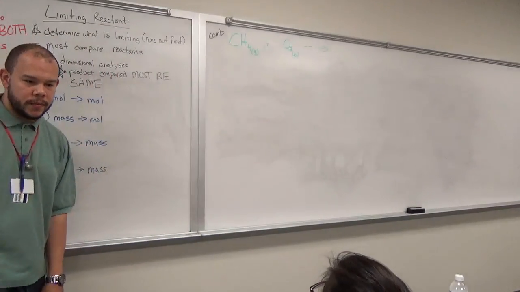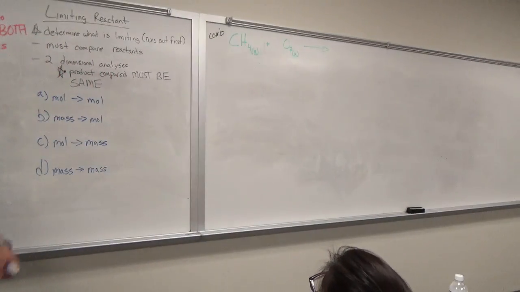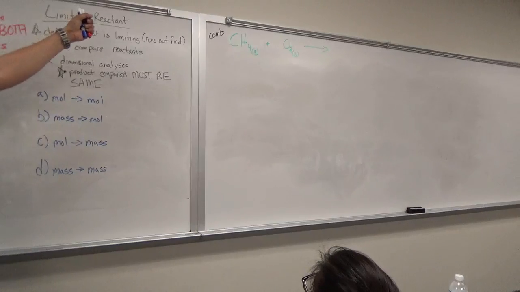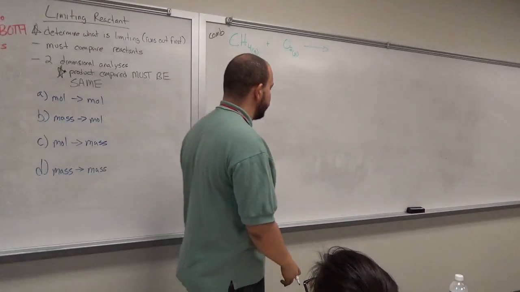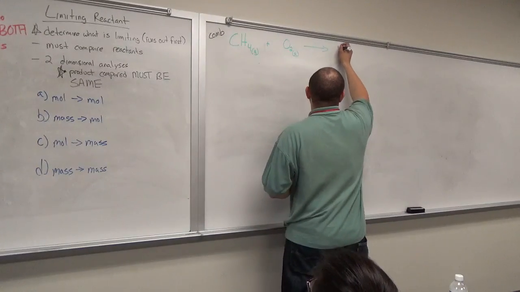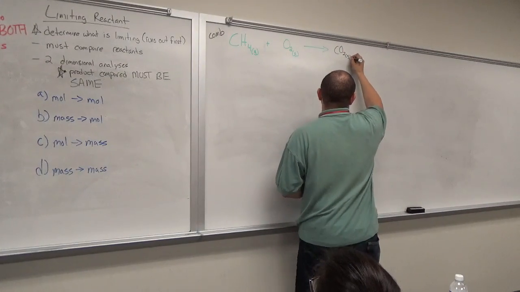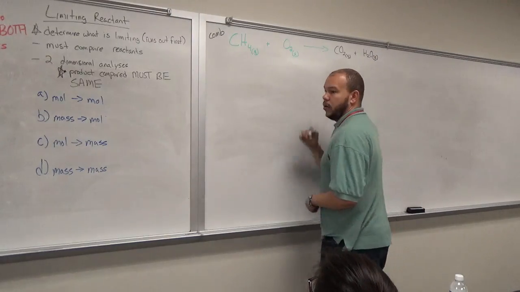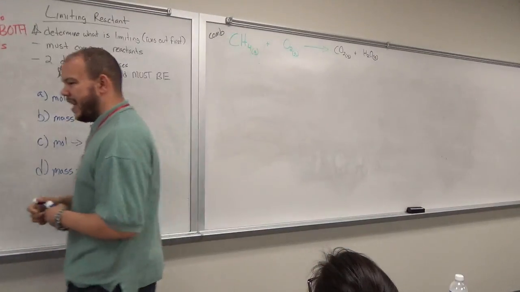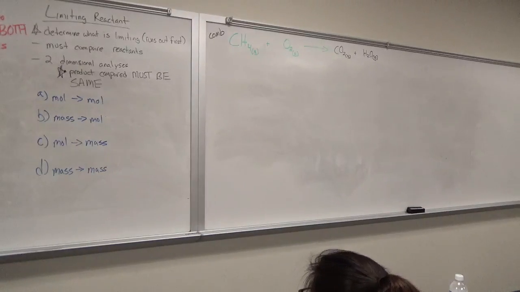O2 off the rip. Hydrocarbon, oxygen is a combustion reaction. Therefore, our products, if we were to have to predict them: carbon dioxide, CO2 gaseous, plus water gaseous. Reaction is predicted, products predicted, cool.